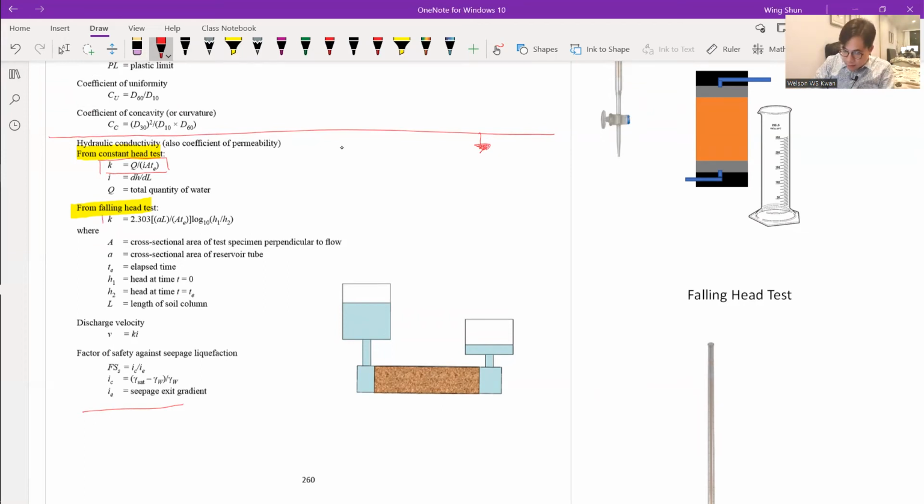And the second part is these equations here for the falling head test, again equations to find the hydraulic conductivity K values. It is essential to understand where the formulas come from, and it helps you solve the FE problems.